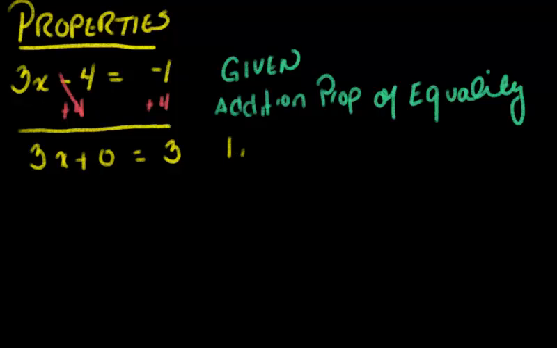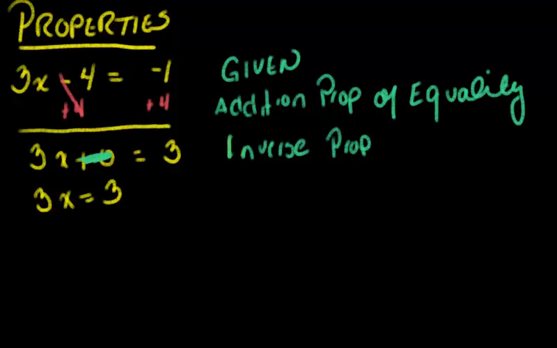Why? Because you have the negative 4 plus 4. So that's your inverse property. But honestly, most of the time you're not going to write that out. So then you'll just have 3x equals 3.